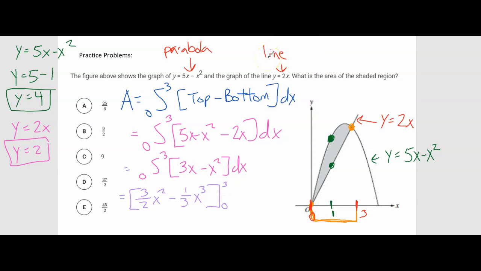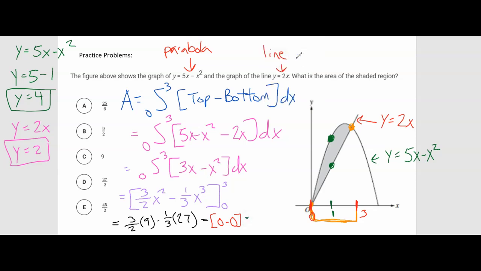When one of your limits of integration is 0, that makes it nice. If I substitute in 3, I get 3/2 times 9 minus 1/3 times 27 minus, well, 0 minus 0. Because when I substitute in 0 to both of those terms, we get 0.